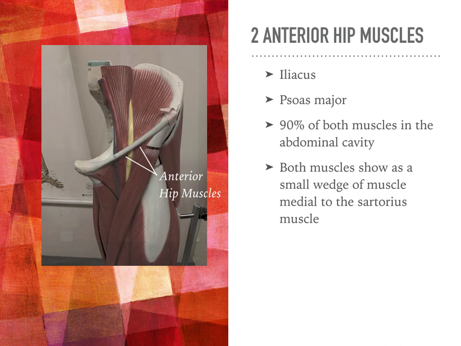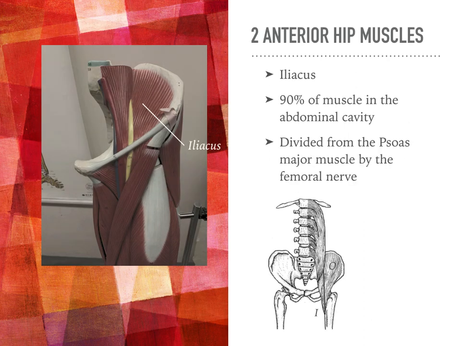So let's look at the 2 muscles one at a time and identify them. As we often indicate, many things within the name of a muscle will help you locate it, and this is a great one.